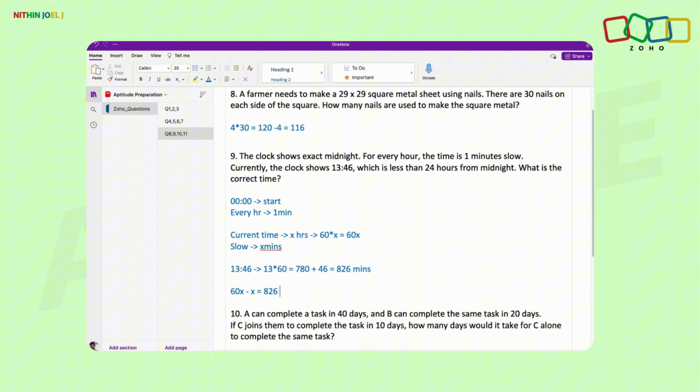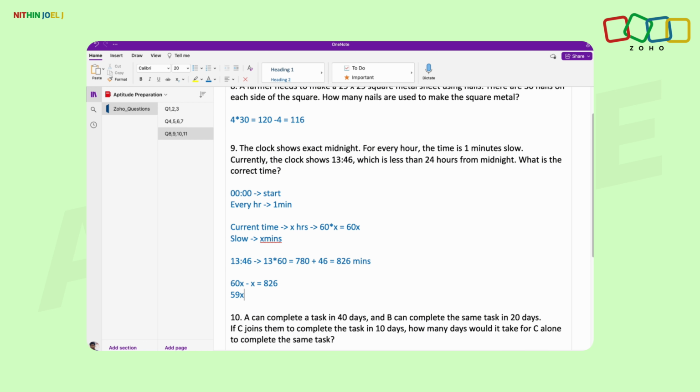That's it, guys. If we solve this linear equation, our numerical gets over. This is quite a tricky question, but not much difficult to solve, and getting this equation is the major part. So 60x minus x is equal to 826. Now let's solve this. We will get 59x is equal to 826.